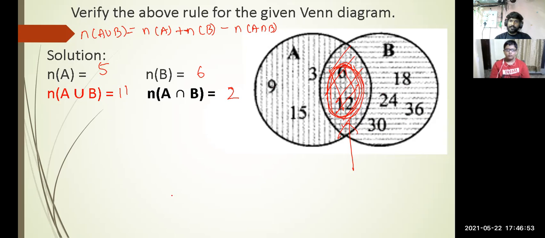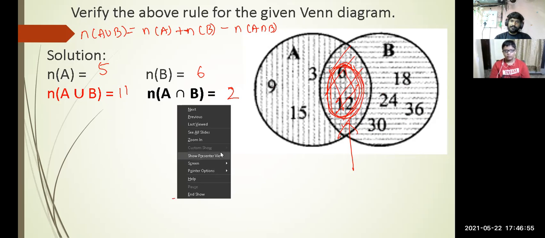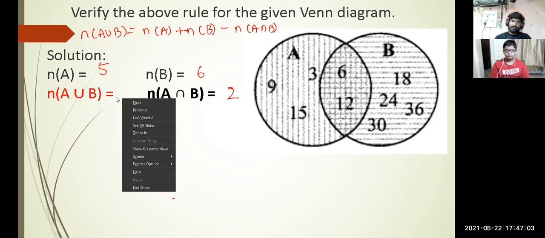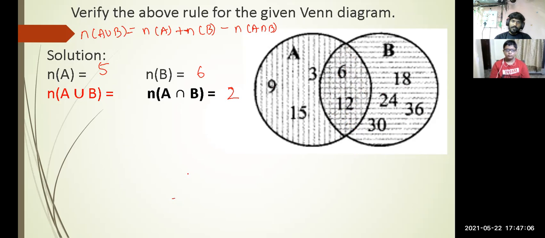Union means count all together. Okay, count with me. 1, 2, 3, 4, 5, 6, 7, 8, 9. So altogether, how many elements? 9. So A ∪ B will be 9.